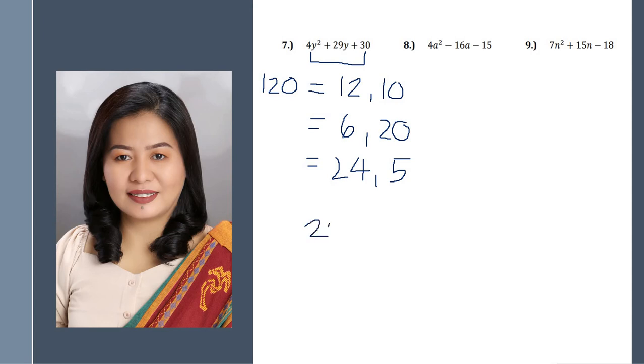So we replace 29y by 24y and 5y. So we have 4y squared.